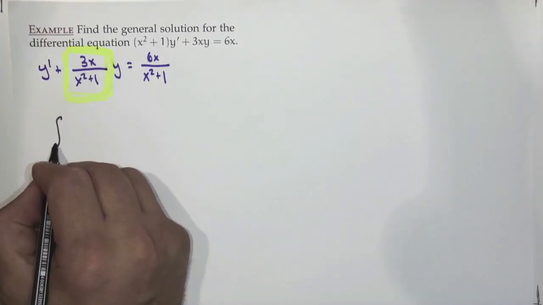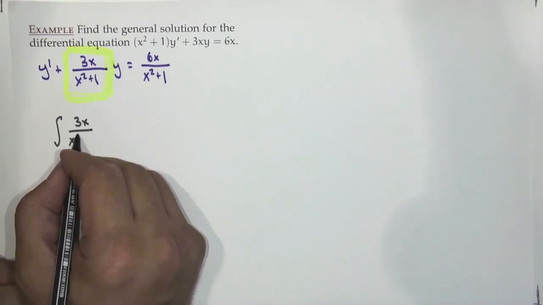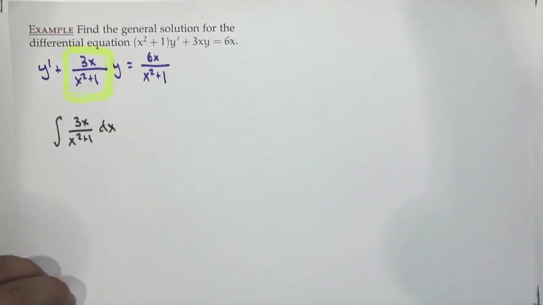So, what's the integral of 3x over x squared plus 1? ln of x squared plus 1. Someone's doing it really fast in their head. Okay. What's the technique we need to use?